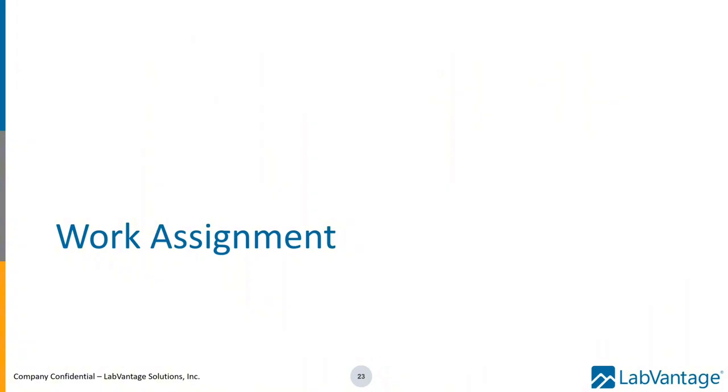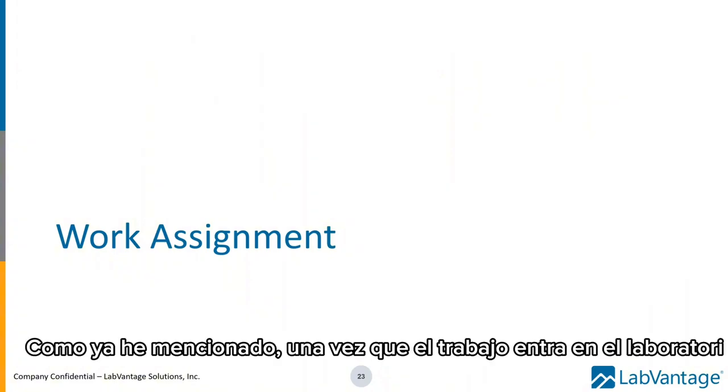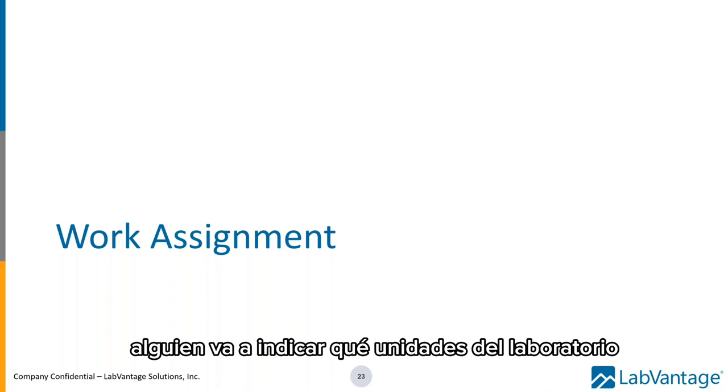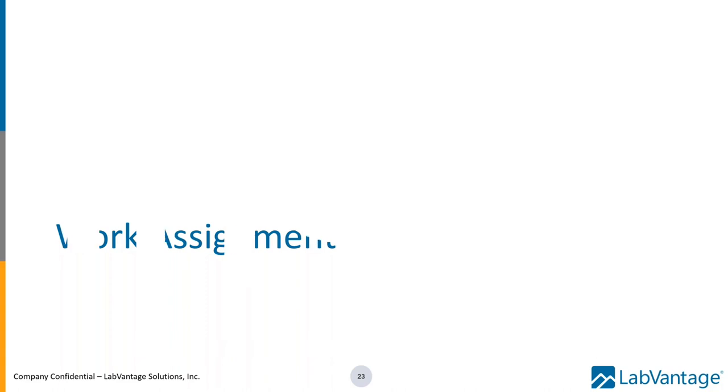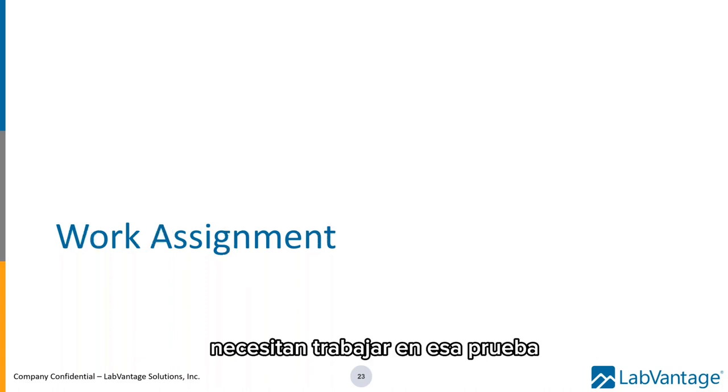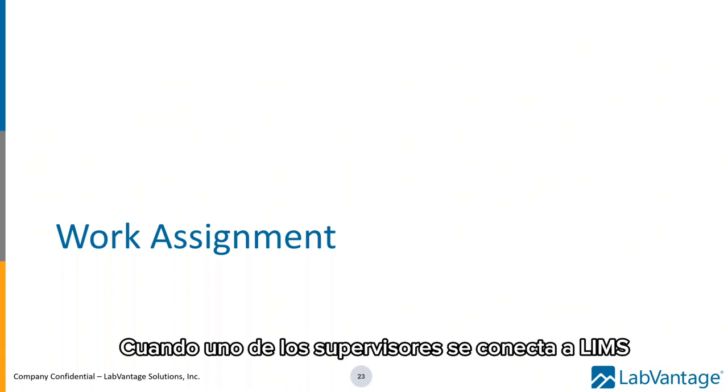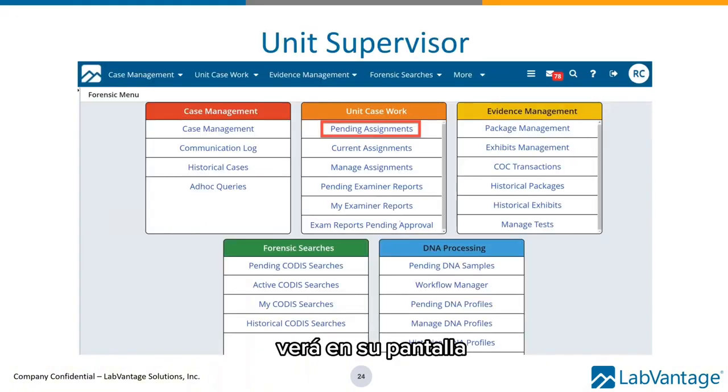Okay. As I mentioned, once the work comes into the laboratory, someone is going to indicate what units of the laboratory need to work on that evidence. And once that has been done, when one of those supervisors logs into the LIMS, they will see on their screen, under pending assignments, the new work.